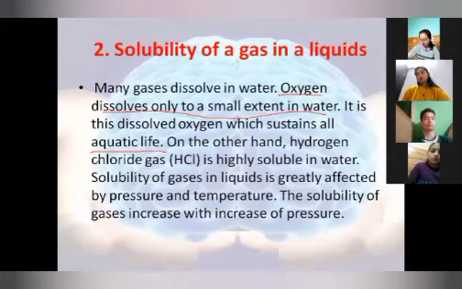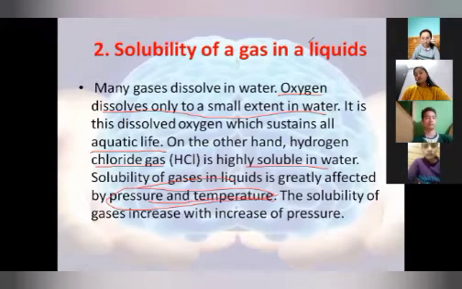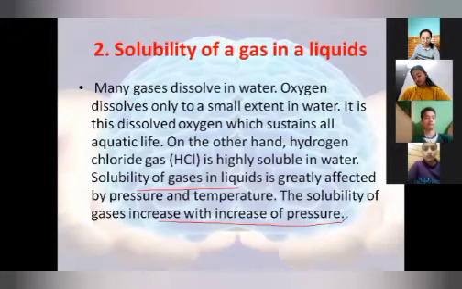On the other hand, hydrogen chloride gas is also highly soluble in water. The solubility of gas in liquid is greatly affected by pressure and temperature. So these are the two factors responsible for the solubility of gas in liquid. The solubility of gas increases with the increase of pressure. There is very little effect of pressure on solid in liquid, as we discussed in previous slides.